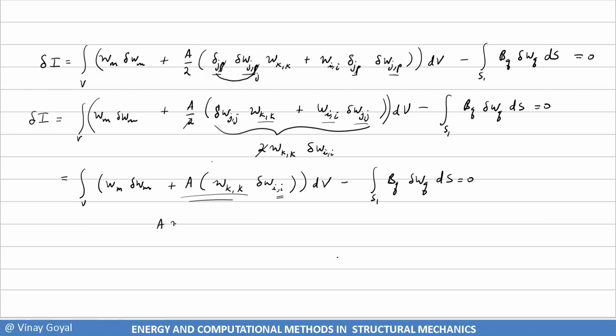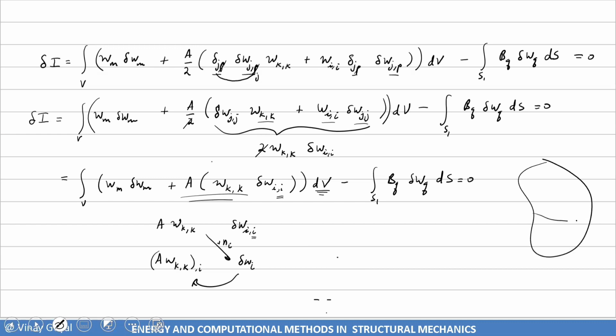So A WK comma K del WI comma I. And since it's the volume, integration by parts means it's a surface now. And so A WK comma K, I want to remove this I. And so I get this comma I del WI plus NI, because when I integrate by parts of volume, the surface is the boundary.